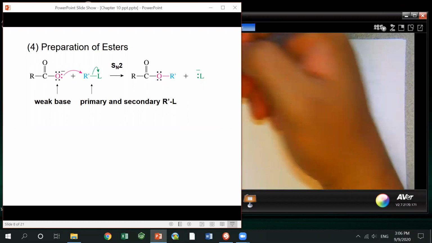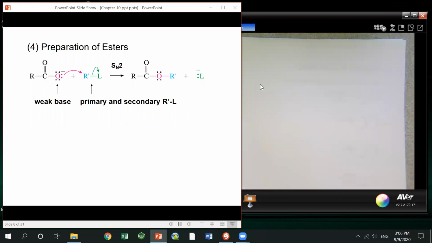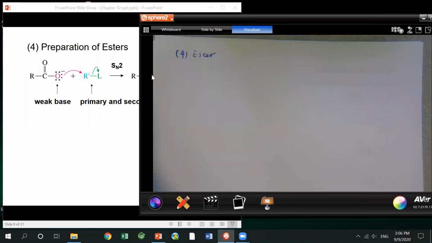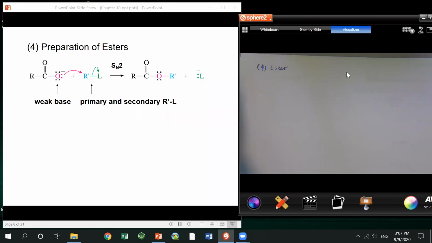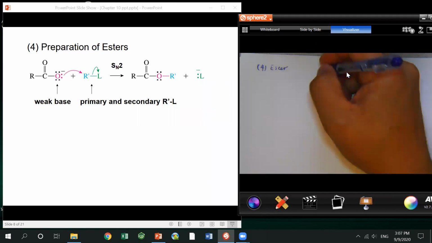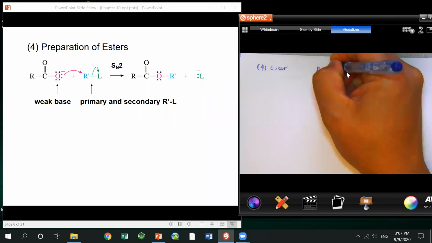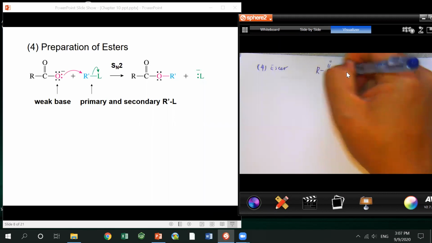Hopefully you still remember its structure. That's R, then carbonyl, O, and then R prime.